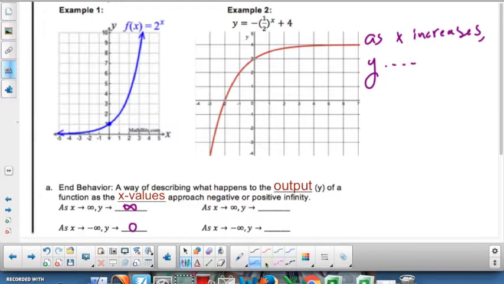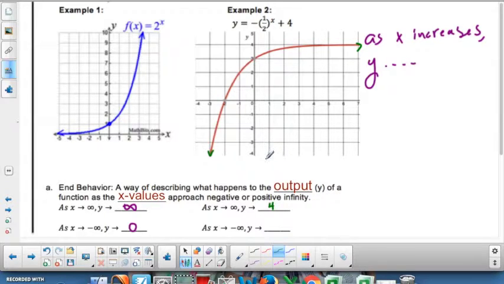Okay, the second example is this function right here. There should be arrows there because it is continuing on. And this time as x approaches positive infinity, y is approaching this value of 4. I'm getting closer and closer to that value of 4, but I'm never actually touching it.